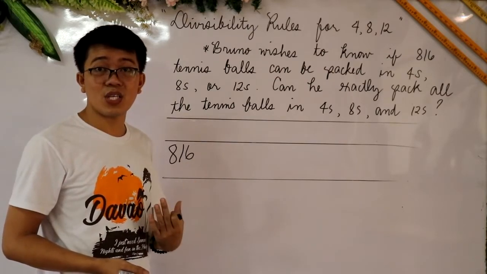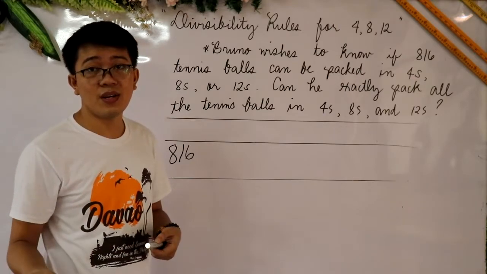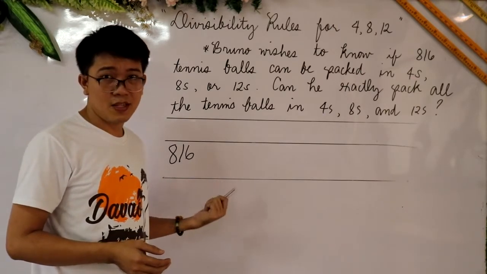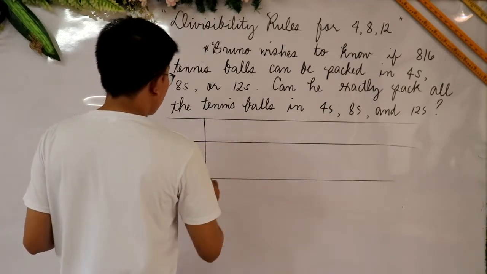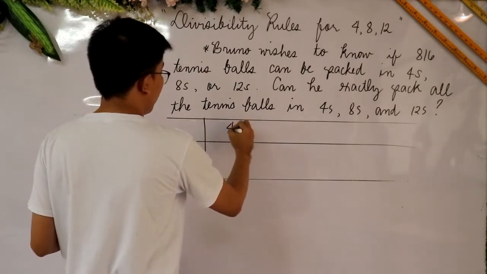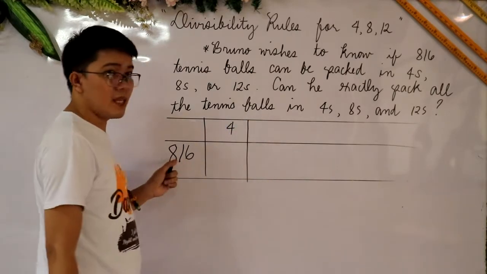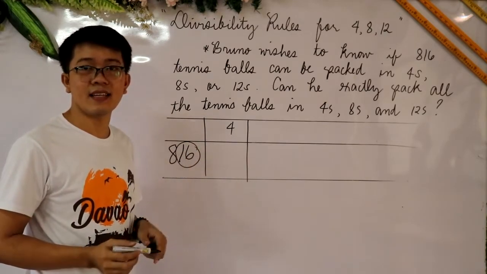We are still using the divisibility test. This table is very useful, so I advise you, if you're going to check if a number is divisible by another number, to use this table because it is very organized. So the first thing that we're going to do is to check if it's divisible by 4. By looking at the last 2 digits, it's 16.